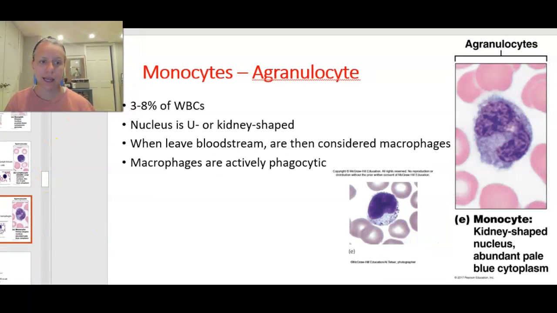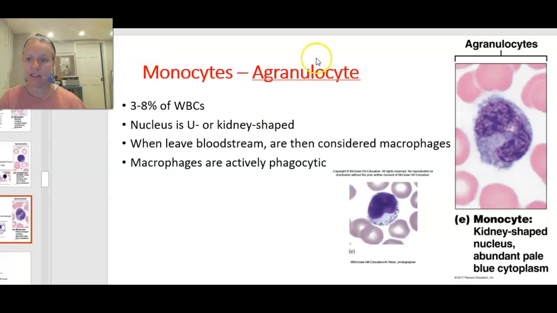Okay, last agranulocyte, the monocytes. Monocytes kind of have this horseshoe-looking nucleus, as you can see here, kind of a kidney bean or horseshoe-looking nucleus. These are the biggest white blood cells. These cells are kind of interesting because in the bloodstream, they're called monocytes. But when they leave the bloodstream, we call them macrophages. You've heard of those before, right?